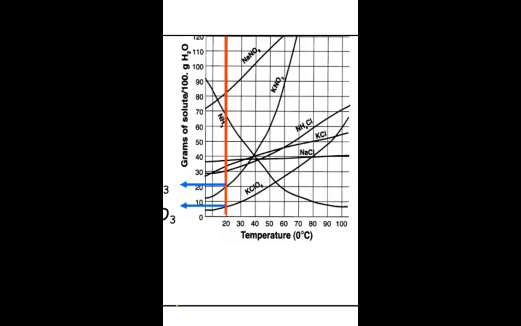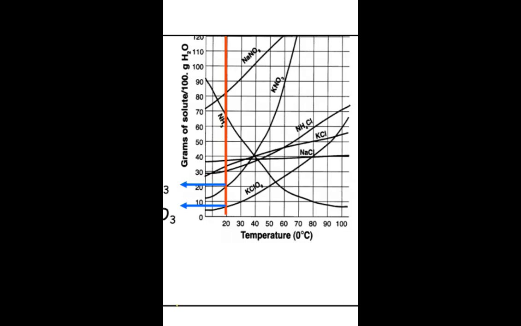Now, if I ask you this question, what do you think is going to be the answer? No, the question is least soluble, right? So which of the salts is going to be the most soluble at 20? KNO3?